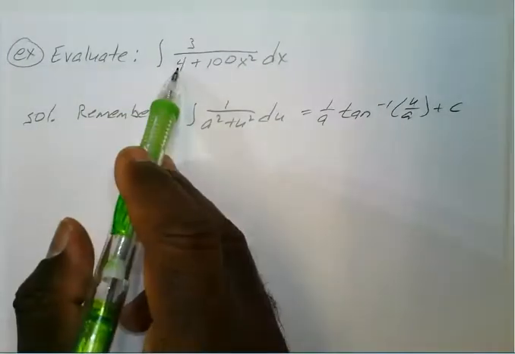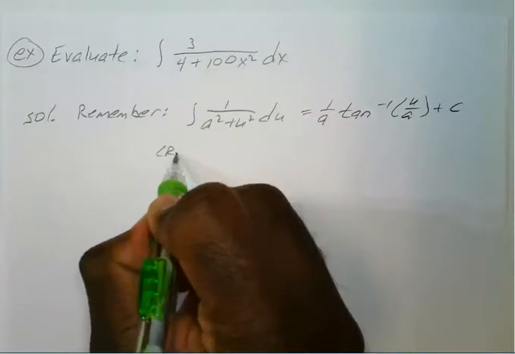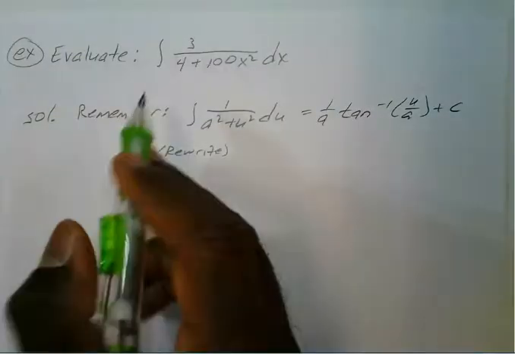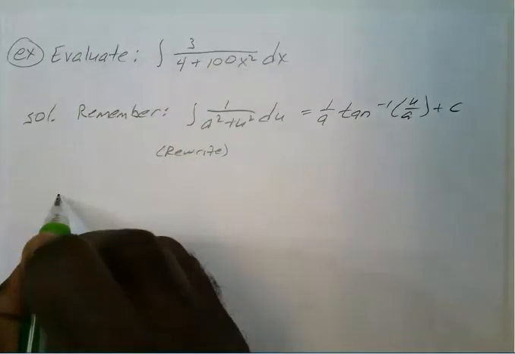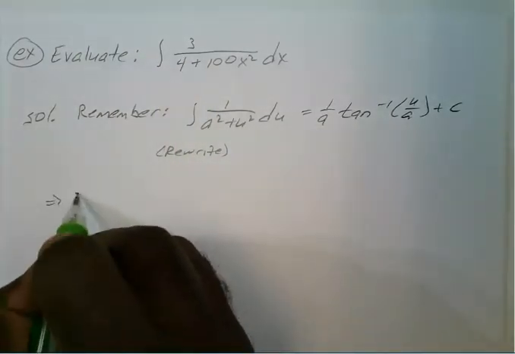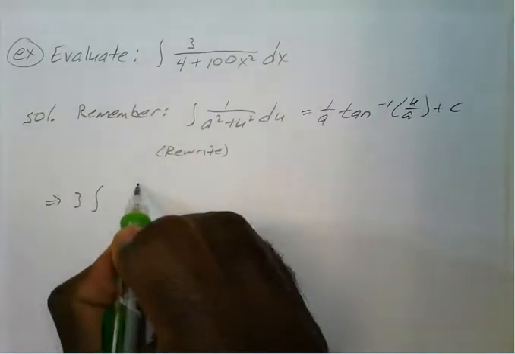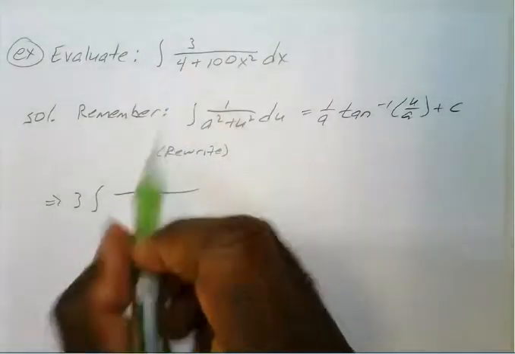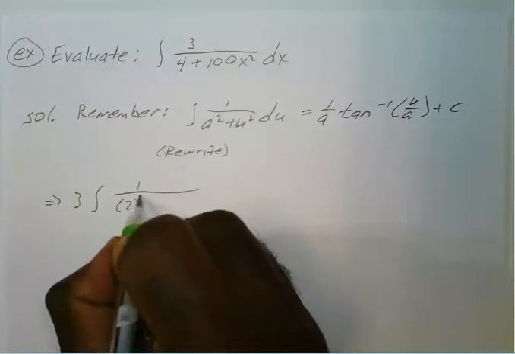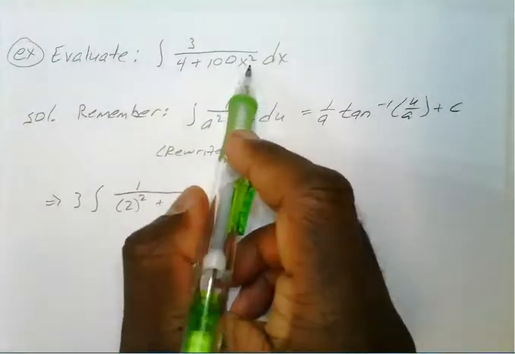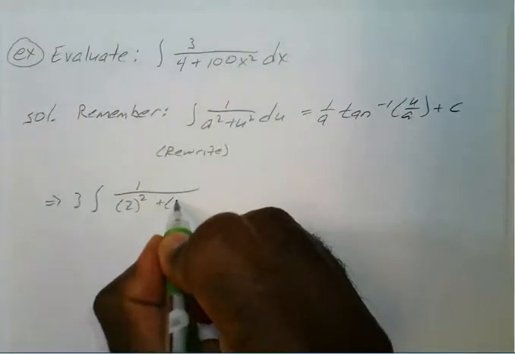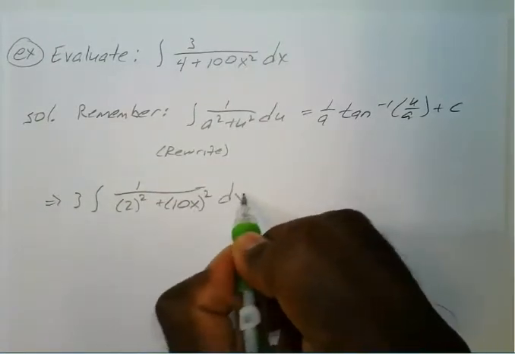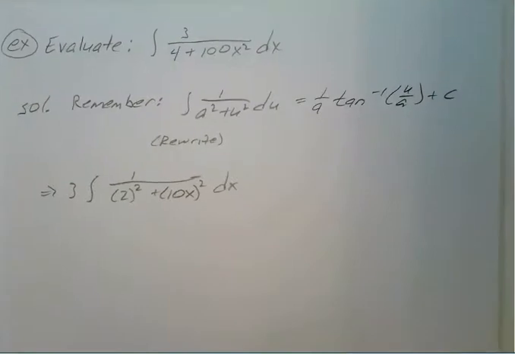All right, so what we're going to do is just rewrite our original. We get that 3, and just bring it out to the front, times the integral of 1 over, instead of 4, we're going to make that 2 squared, plus, and instead of 100x squared, we're going to make that (10x) squared, with respect to x.